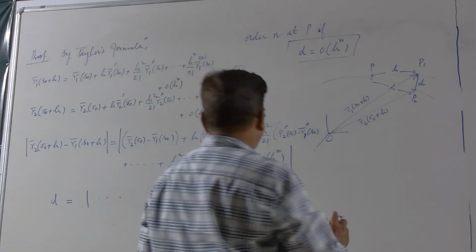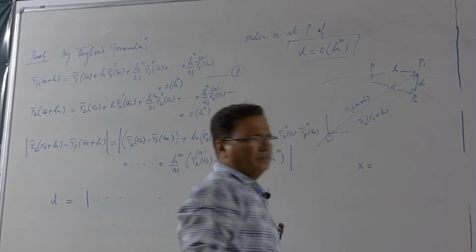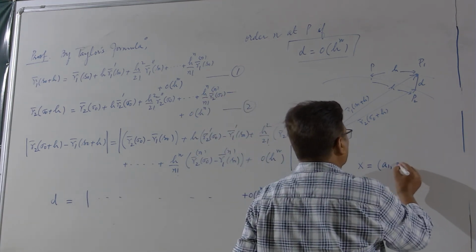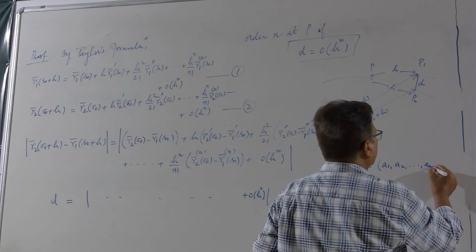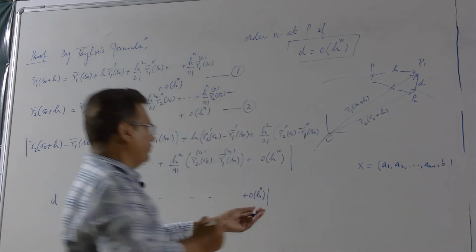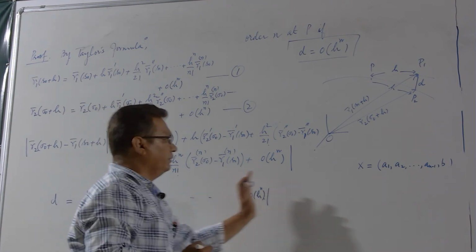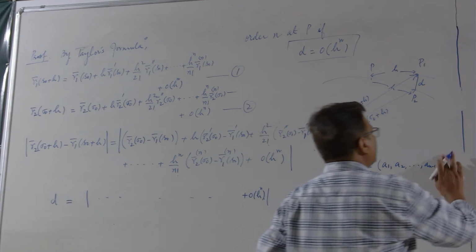You see, suppose you have a vector x in R^n. This vector can be written as a1, a2, a3 and so on, up to a_(n-1), and suppose the last one is b. It has n components, but I am writing like this: n minus 1 terms and the nth term is something b, or if you like you can write d.